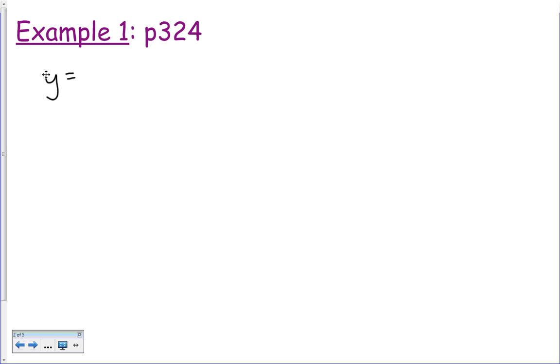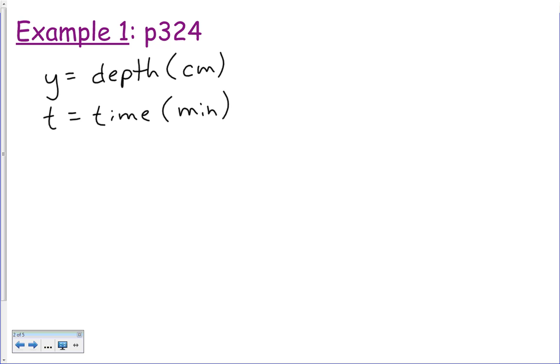They told us that y is the depth. So y is equal to your depth, and they're measuring the depth in centimeters. And t is our time, and they're measuring our time, in this case, in minutes. Again, even though they gave you that, I'd still suggest you write those down just so you're clear on what your variables are, what they represent, as well as what the units are.